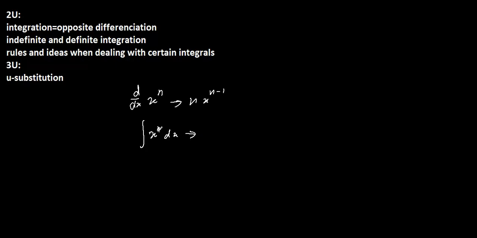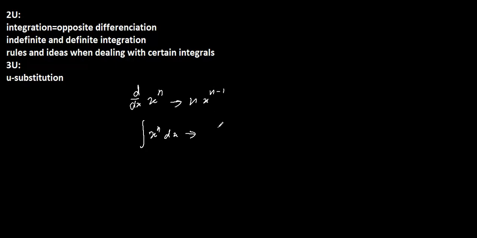When I'm integrating, first we brought the power down, multiplying by our power, and then subtracted 1. This time around, first we add 1, and then divide by that number.